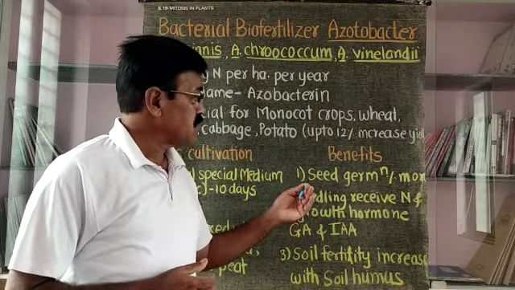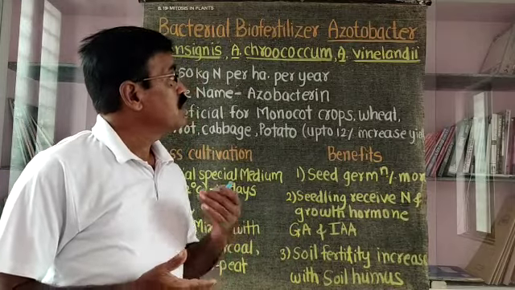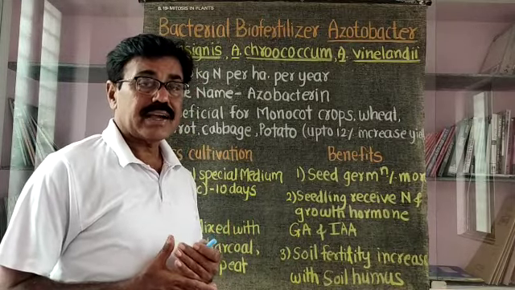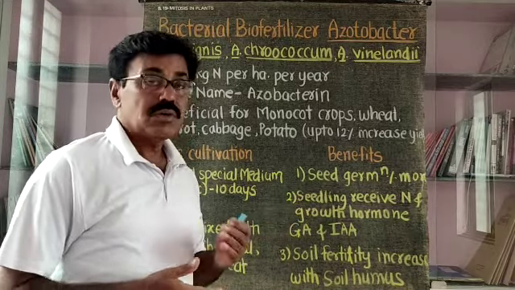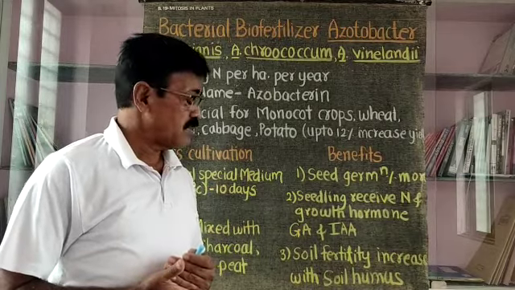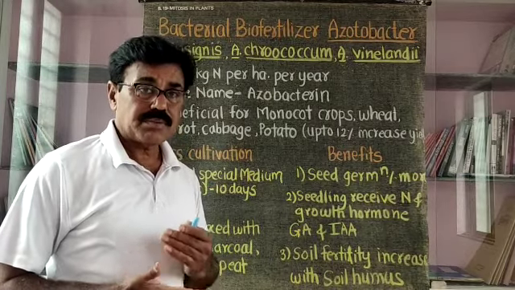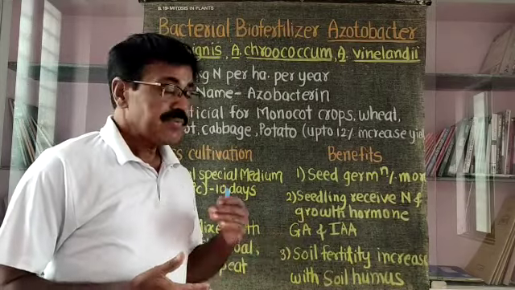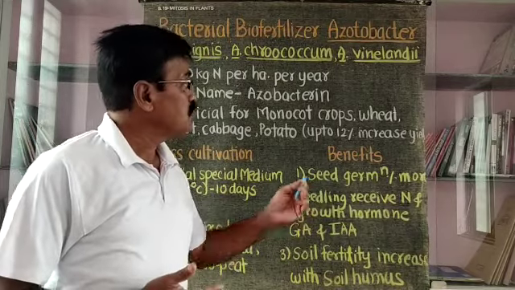If farmers use the Azotobacter culture for seed dressing, it also saves about 50% of chemical fertilizers. That means 50% of the cost of chemical fertilizer can be saved by using this biofertilizer.